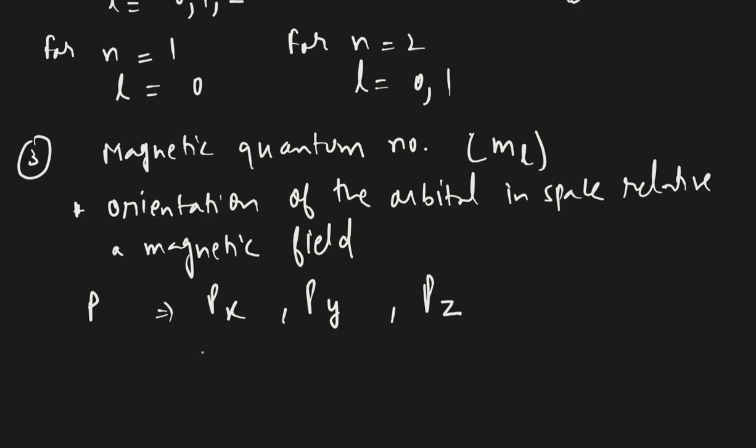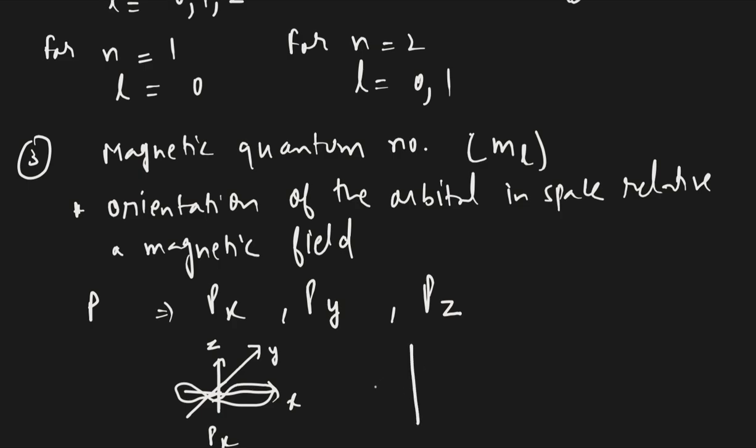When we are talking about x, let me just show you the representation. If this is the x direction, this is the y direction, this is the z direction, then px would be like this. Similarly, this is px.